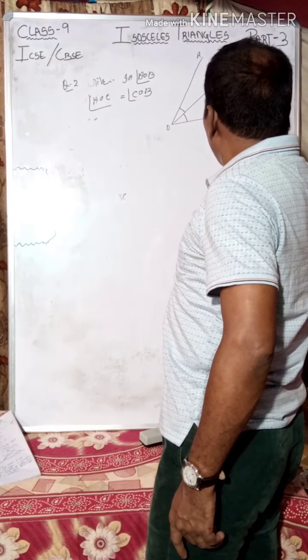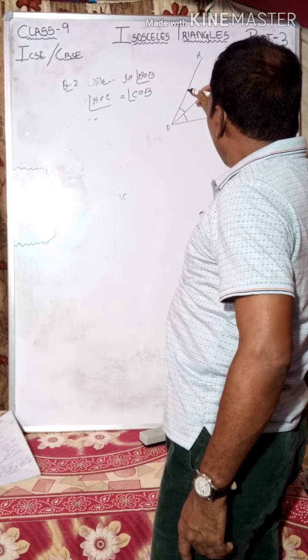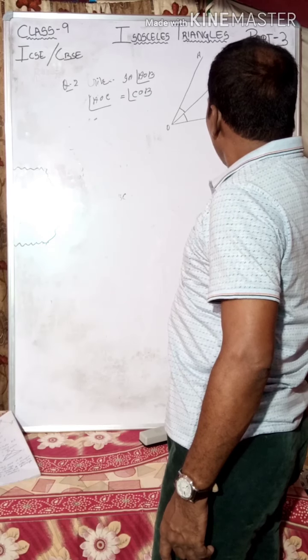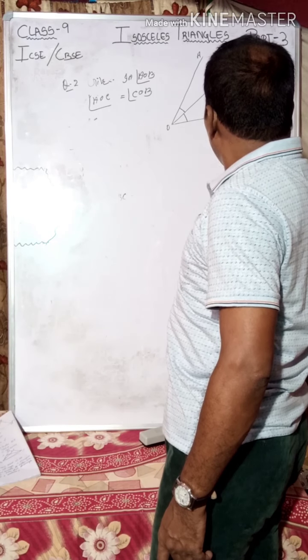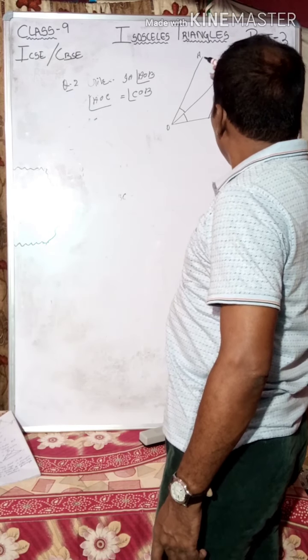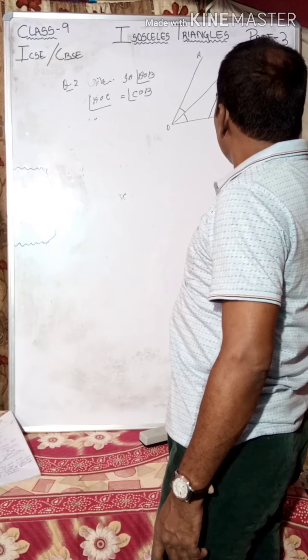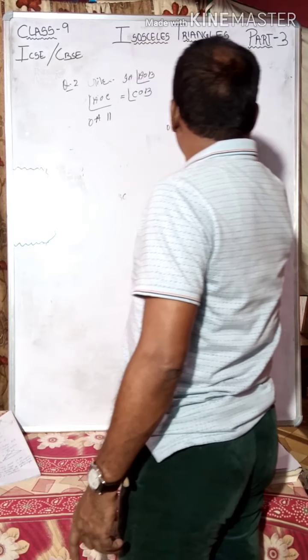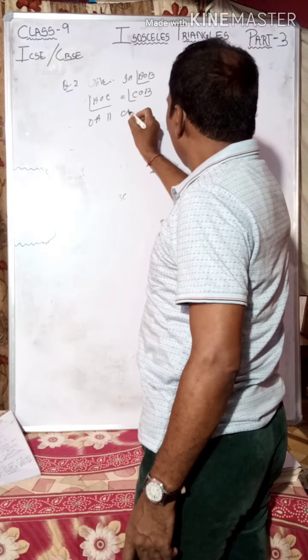Here we draw a line parallel to either OA or OB. I am drawing this line parallel to OA, so OA is parallel to CD.